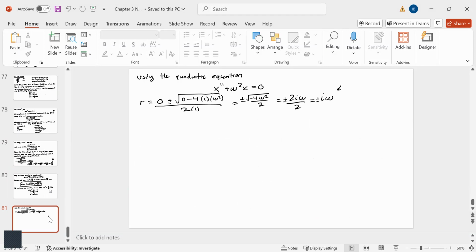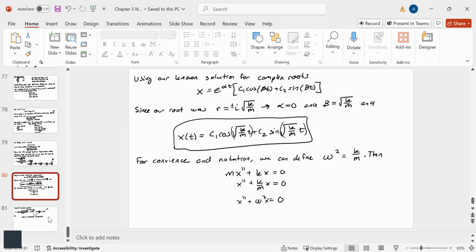So this again here is beta. So x of t is equal to c1 cosine omega t plus c2 sine omega t. So it just looks nicer. Is it any different than this equation up here? Absolutely not.